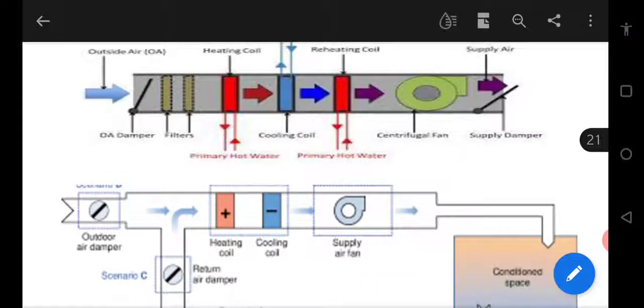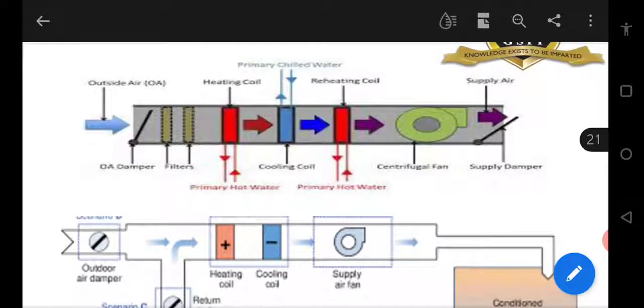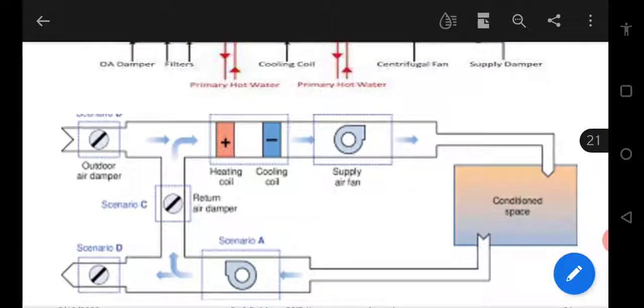But if you use only outside air, the heat load will increase and the power consumption will increase. So we also recirculate the used air, and just to meet the fresh oxygen requirement we take some portion from outside, but the majority, around 3/4, is recirculated.